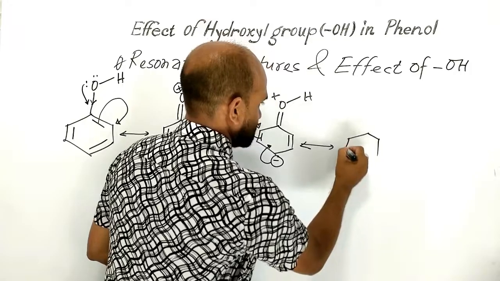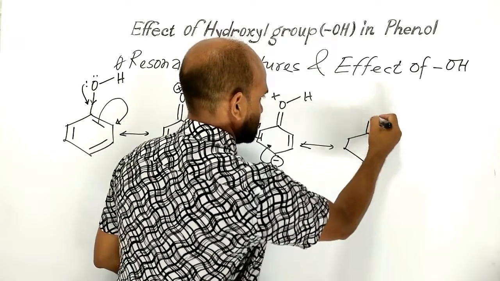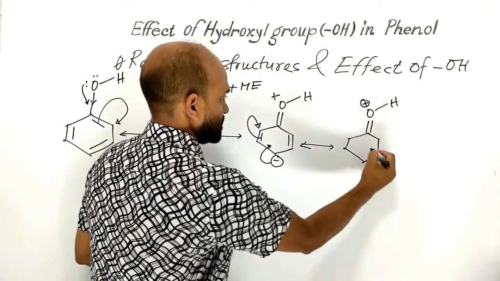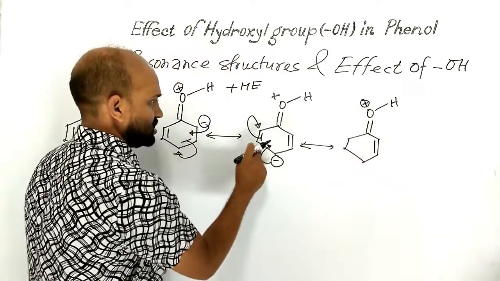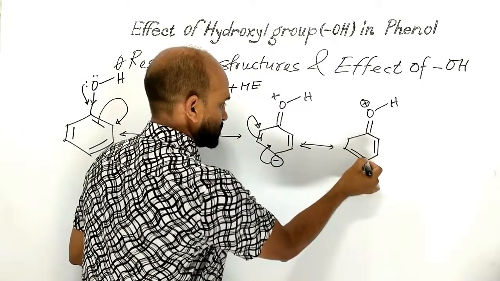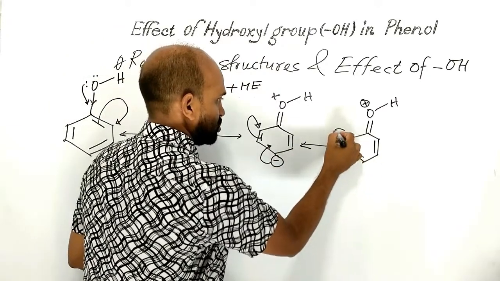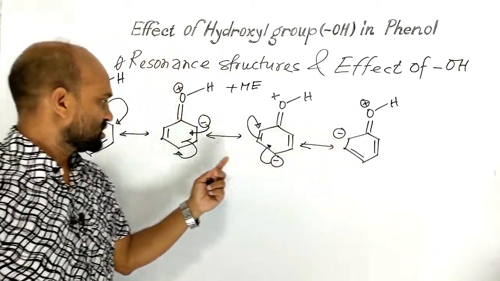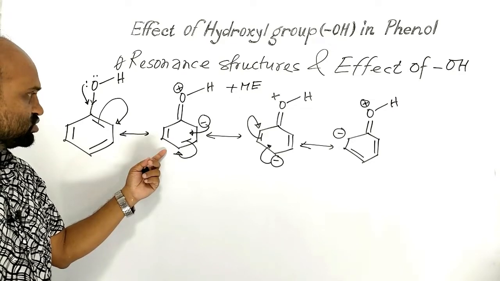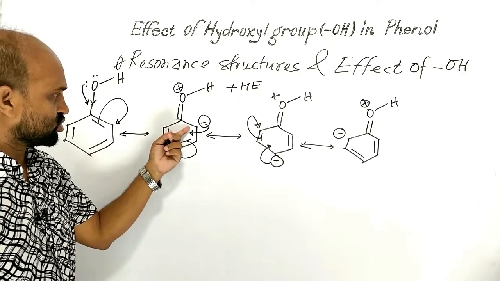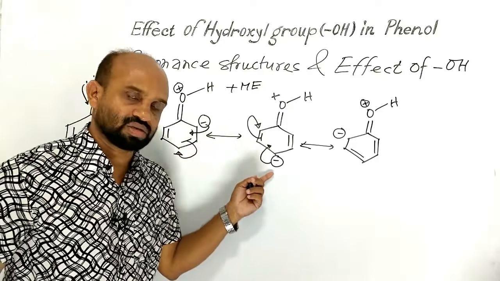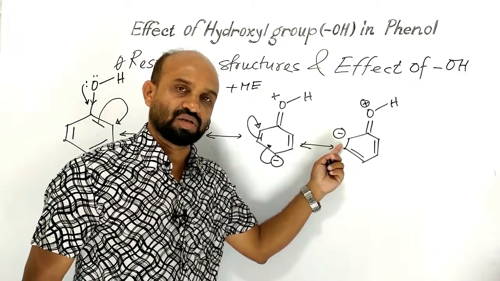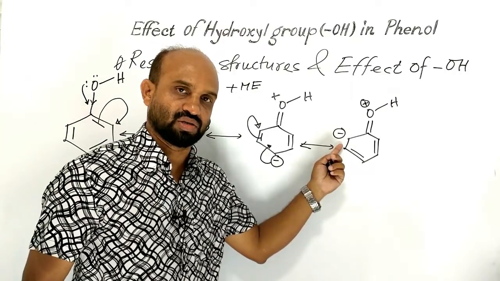Now let's see, the compound is like this: oxygen, hydrogen, positive charge here, this is double bond, here double bond is formed, and this ortho carbon gets electronically rich. So this is the resonance structure in which ortho carbon gets electronically rich. In this case, para carbon gets electronically rich. Here another ortho carbon gets electronically rich.